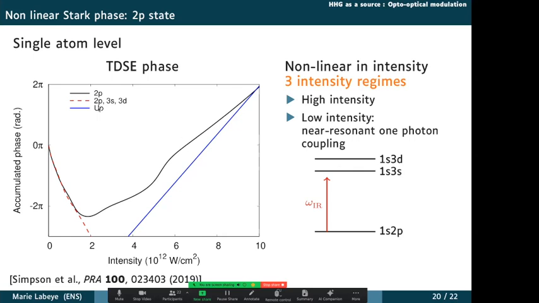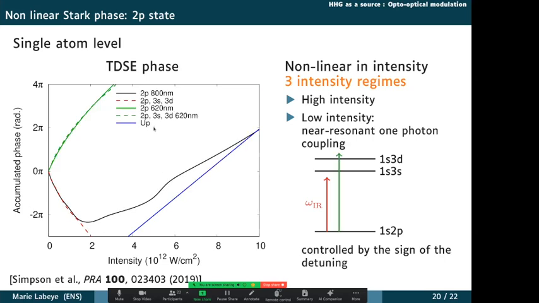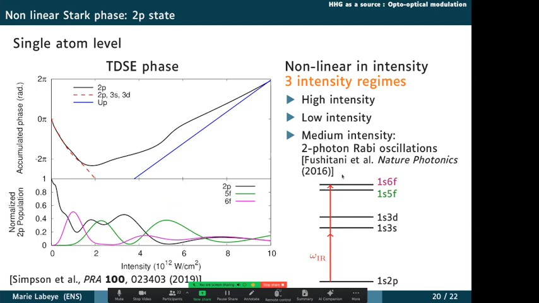So if we just make a very simple three-level system with the 2p, the 3s, and 3d, we can compute exactly the same phase as with the full grid TDSE of the helium atom. Also, the sign of the accumulated phase depends on the detuning between the states, but this we did not measure in the experiment.